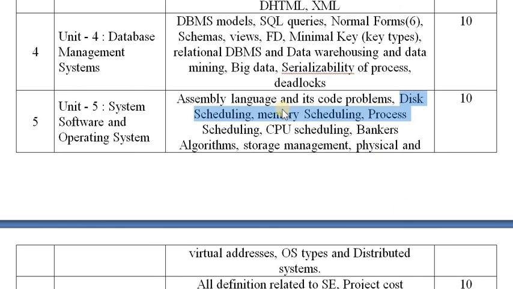Surely if they are asking 10 questions from system software and operating system, you can get at least 5 problematic questions, and these are the list. They may ask the order of a disk scheduling algorithm, and they will provide some memory pages.